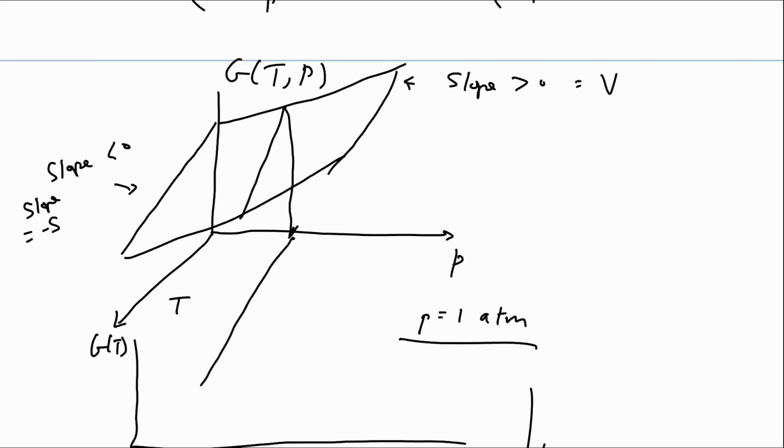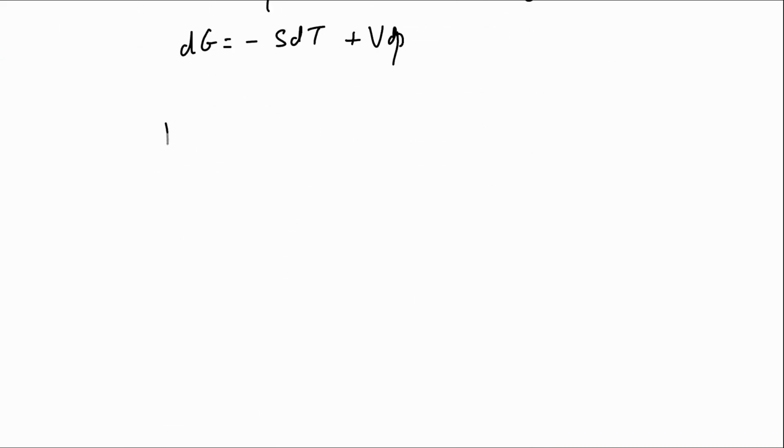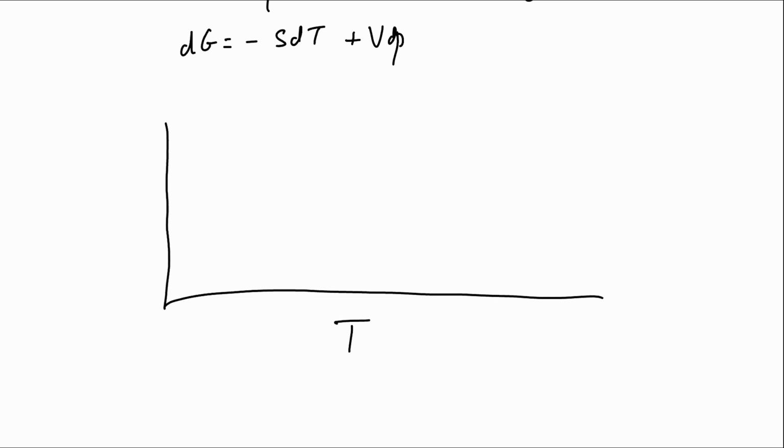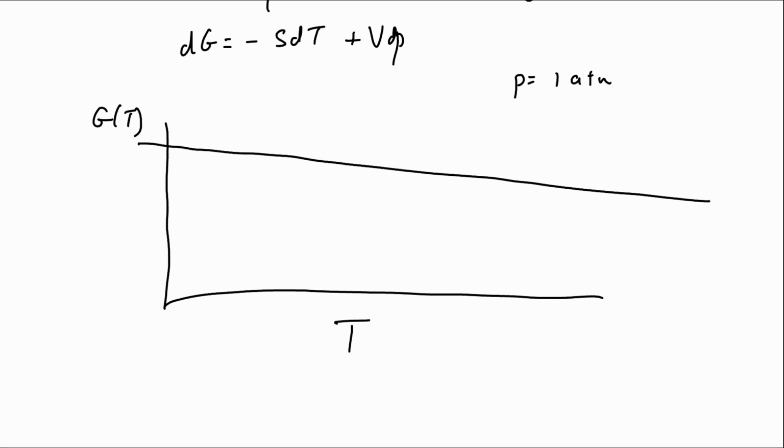But if I look at that slice, this is T, and this is G as a function of T, and the pressure is 1 atmosphere. I drew this picture before, and it's got a negative slope.